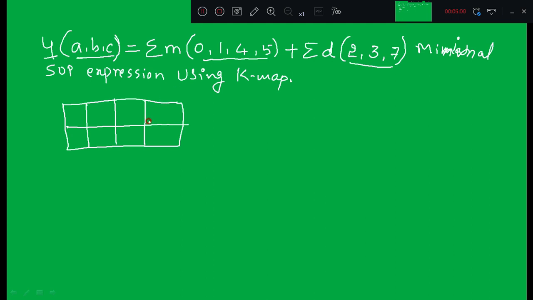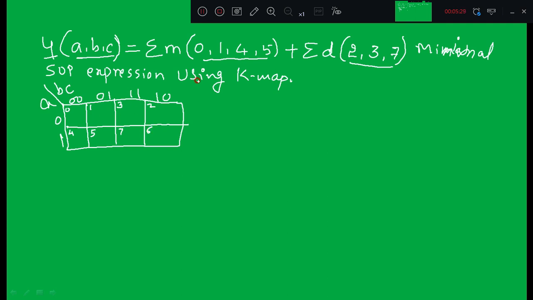So we'll put a 3 variable K-map. A is the MSB, C is the LSB, so 00, 01, 11, 10 along the top, and 0, 1 on the side. This is the 0th cell, this is the first cell, this is the third cell, second cell. I hope you know the basics of the K-map.